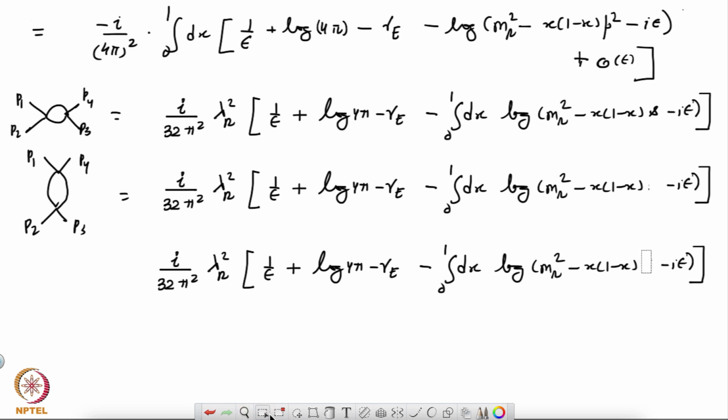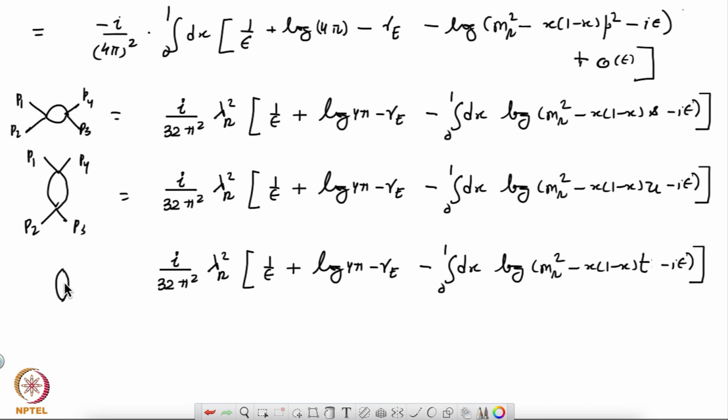Why doesn't it write? Okay, and this is, let me draw the diagram differently.